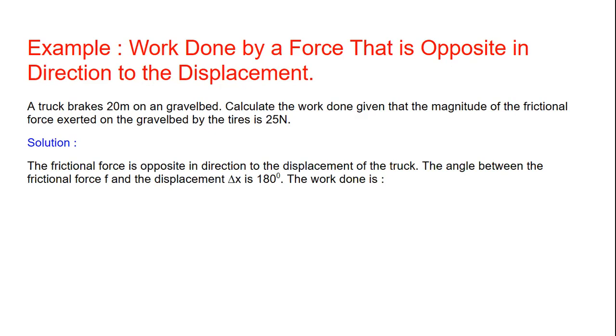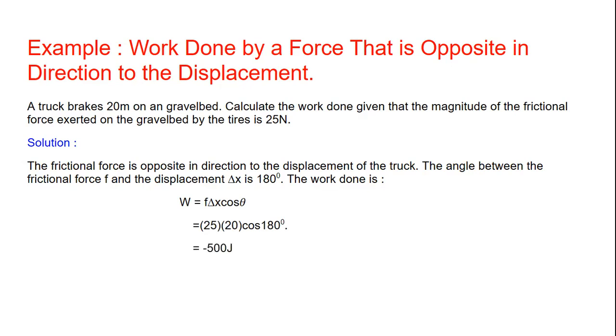Okay? The work done is given by W is equal to F delta x cos theta, where F is 25 and delta x is 20 and theta is 180 degrees. So perform that substitution and we will get negative 500 joules.